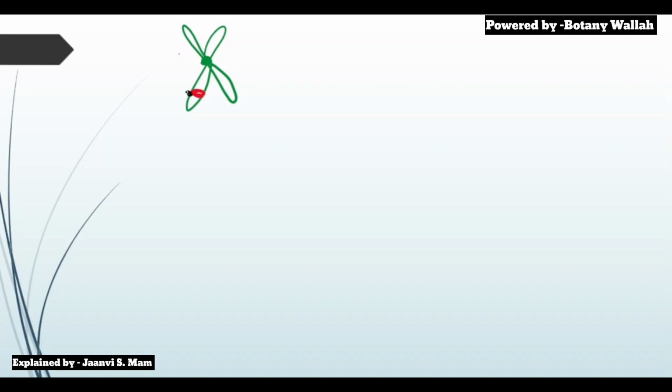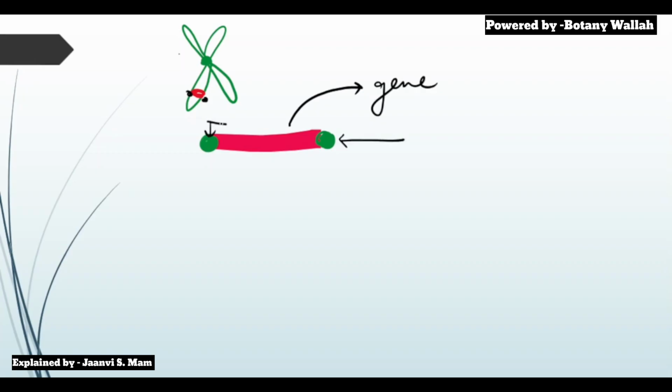So the gene has two alleles. One gene, I'm zooming for you, having two alleles. This is the gene, and the green ones are alleles.